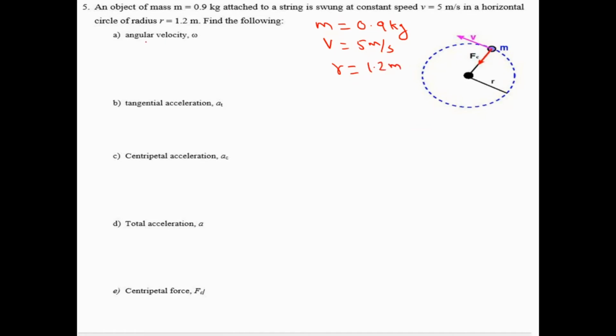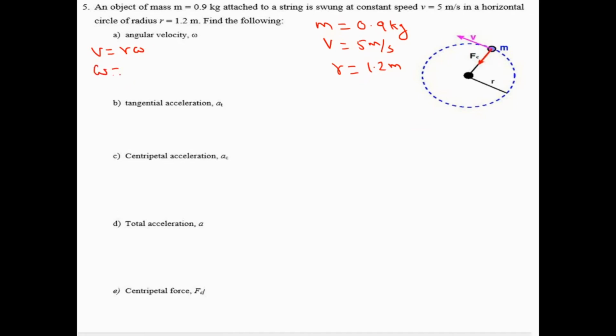First of all, we are going to find the angular velocity. We already studied the relation between the linear speed and the angular speed: the linear speed v is equal to r omega. I'm going to rearrange this equation in terms of omega.